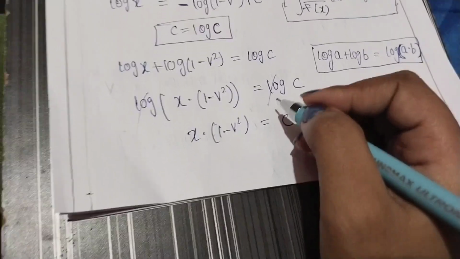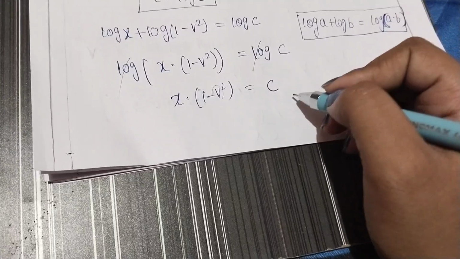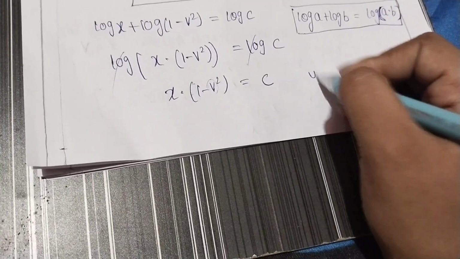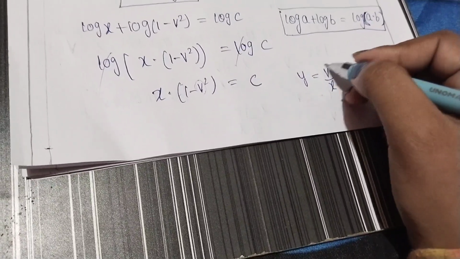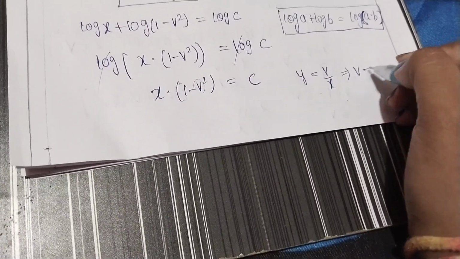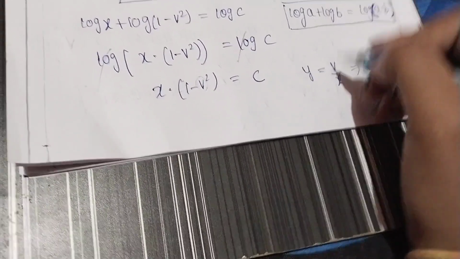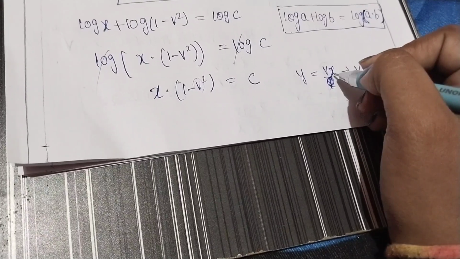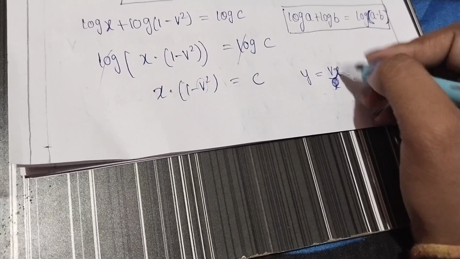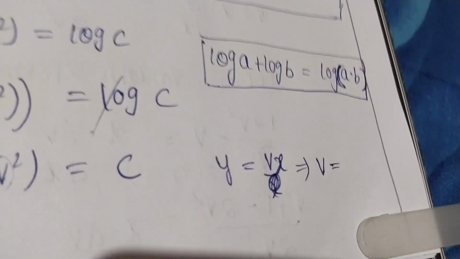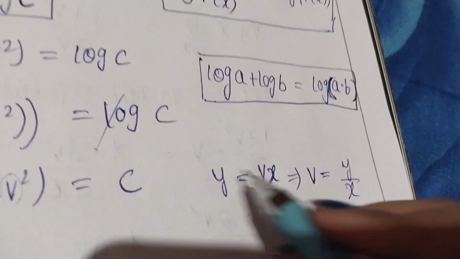So the last step of this problem is to put v as y divided by x. As we have v equals y divided by x, let's start extracting the v value. Sorry, y equals vx. So when we extract this value, we get v equals y divided by x.